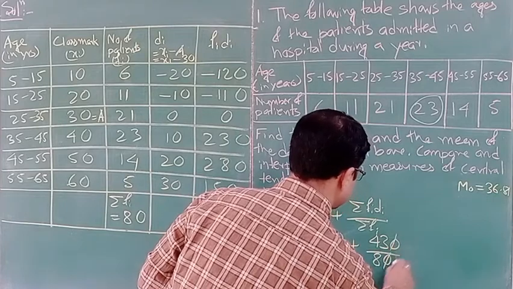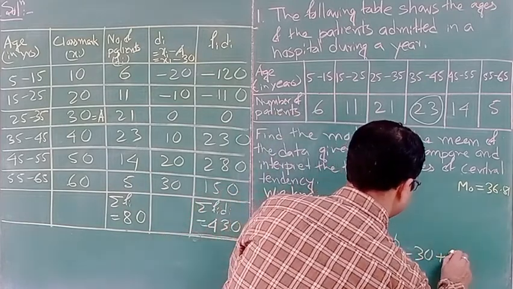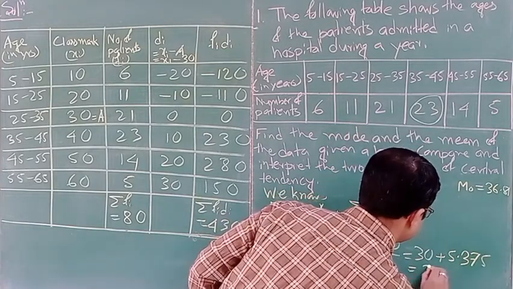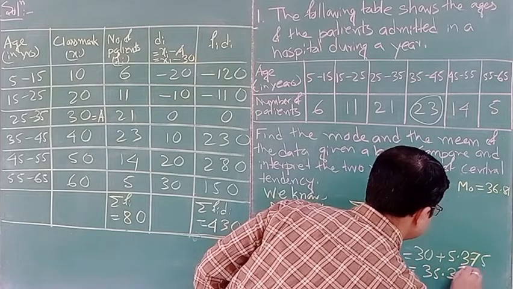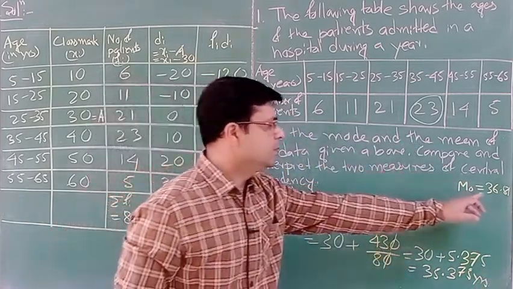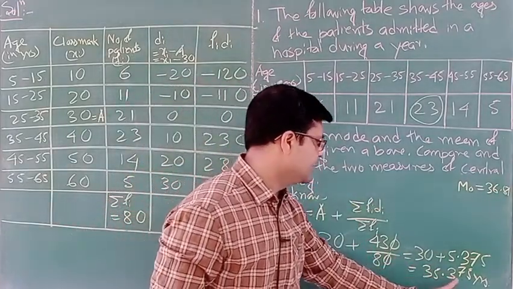Okay, let us do the calculation here. This is 30 plus 5.375, that is 35.375 years. Okay, so mode equals 36.81 years and mean equals 35.375 years.